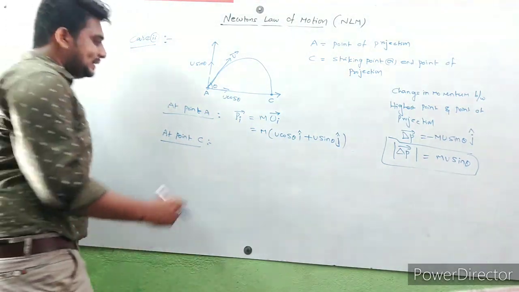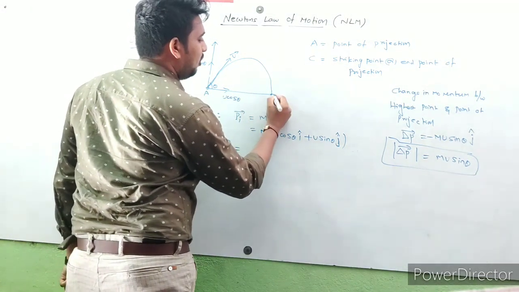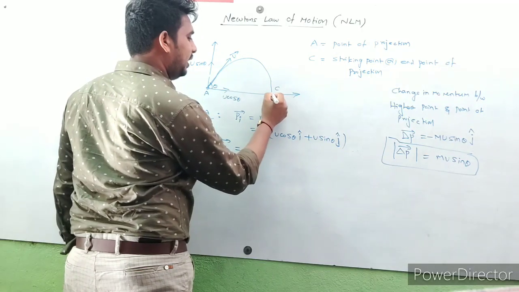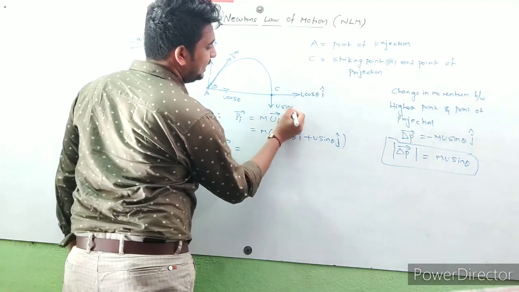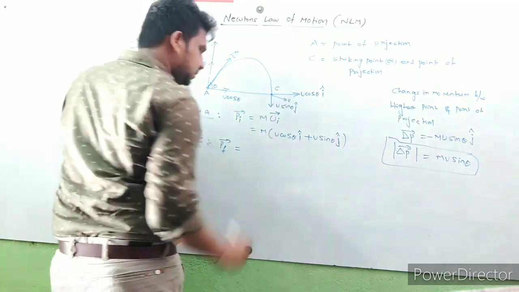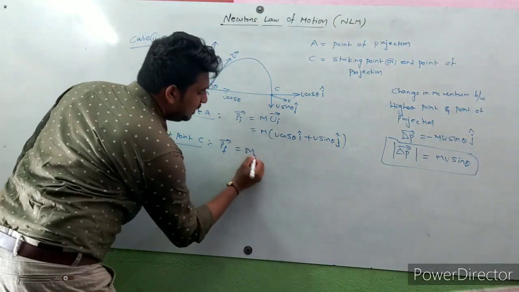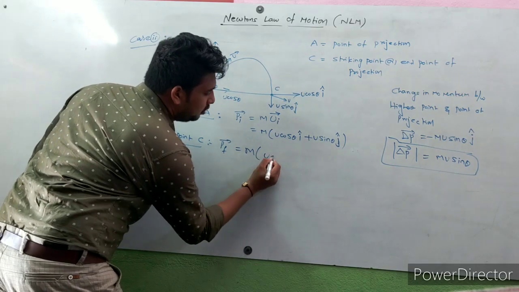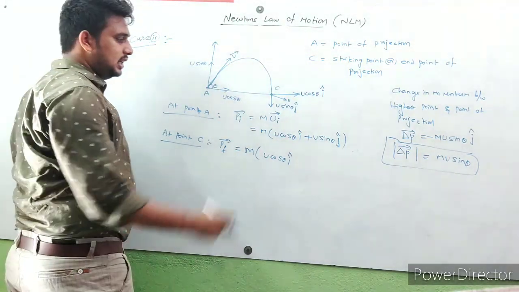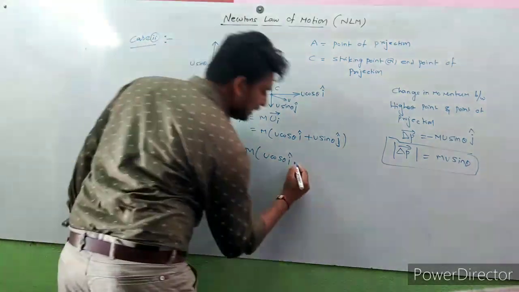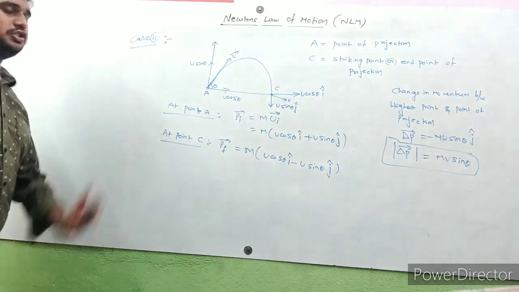Is it or not? So at point C, final momentum pf bar is equal to, already you know, this is C point, this is u cos theta i cap, this is u sin theta j cap. Observe carefully, the u sin theta value is downside, is it or not? That's why we take minus u sin theta j cap. So these two values we got.